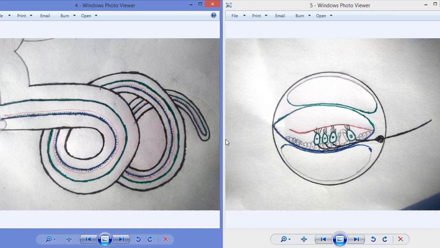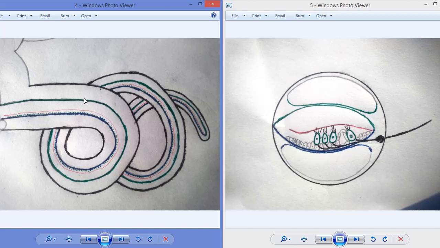So the lower partition over here is the scala tympani, and this is the scala media. The scala media and the scala tympani are separated with the help of the basilar membrane.